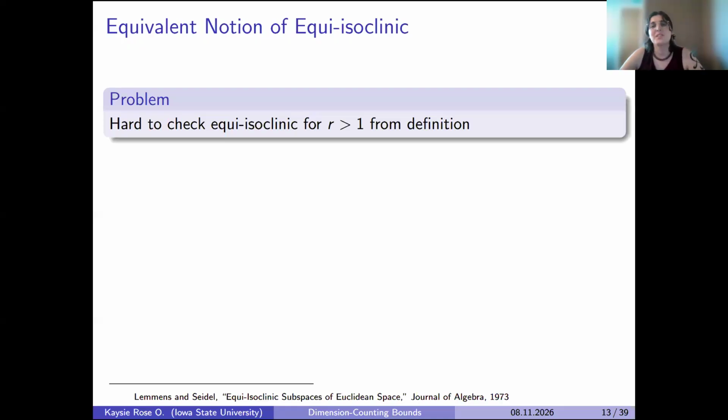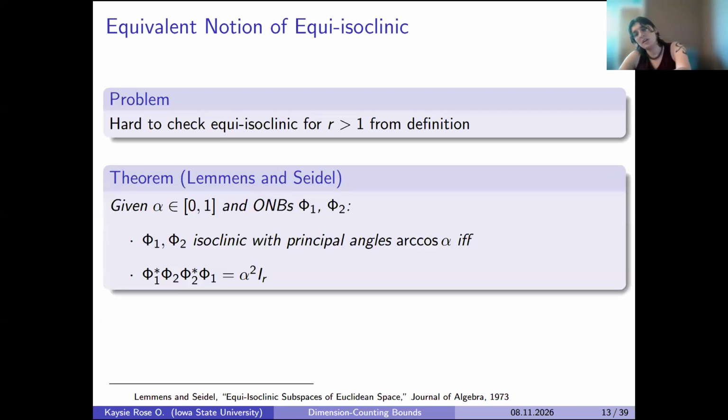The definition of equi-isoclinic that we have is a bit awkward to check, because we have to check n choose 2 times r principal angles. So from this point on we're going to use the following equivalence of Lemmens and Seidel, which is essentially that we can evaluate isoclinic via this multiplication of the isometries of the orthonormal bases.